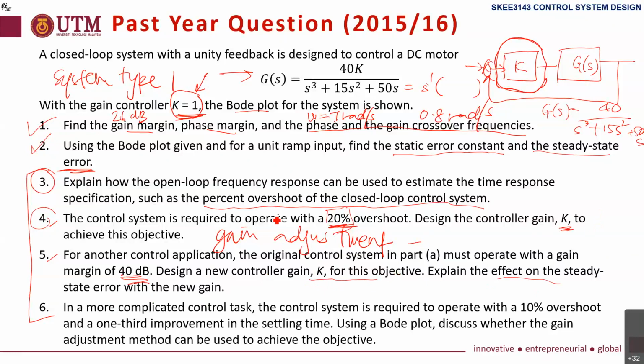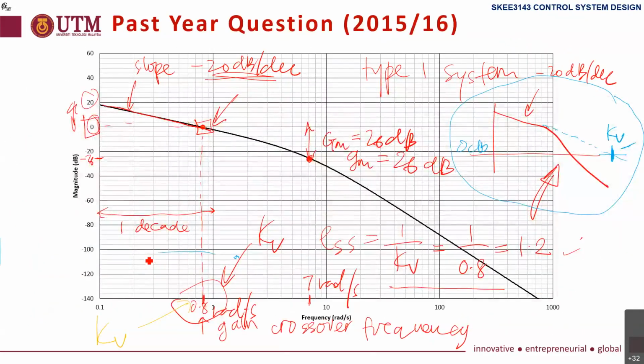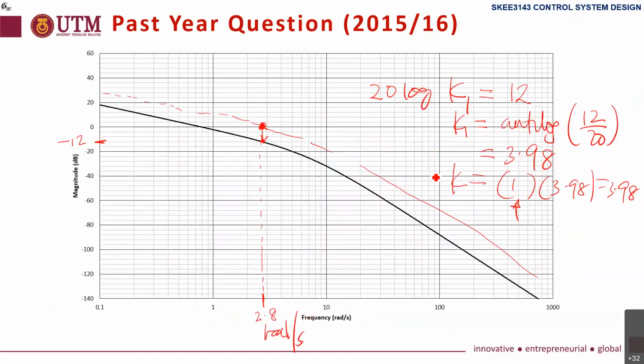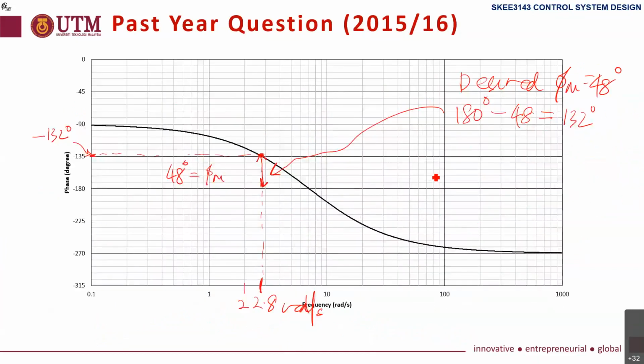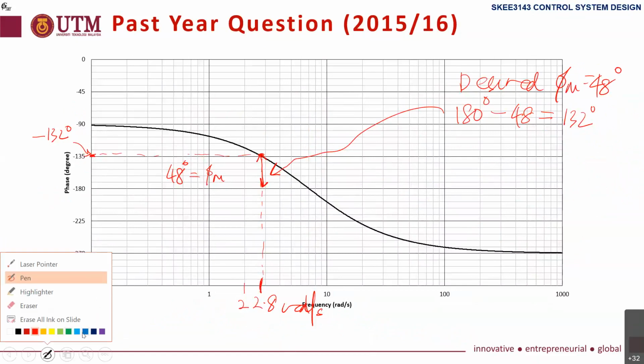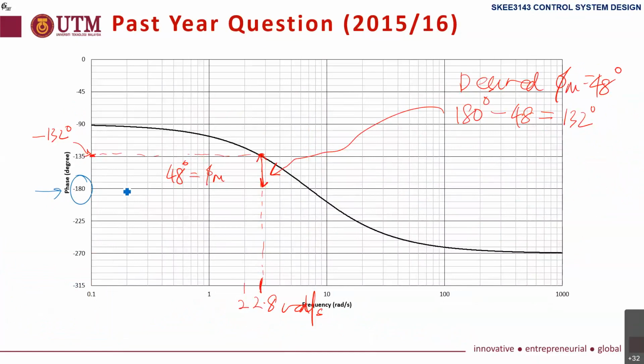Another question. Now our aim is 40 dB gain margin. Our original gain margin is 26 dB. We want it to be 40 dB. We know gain margin, when it is 180 degrees here, we look into here, it is at 7 radian per second.